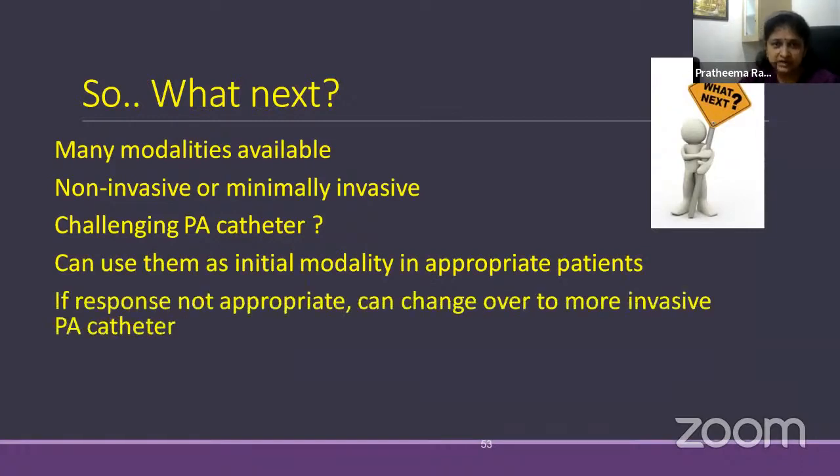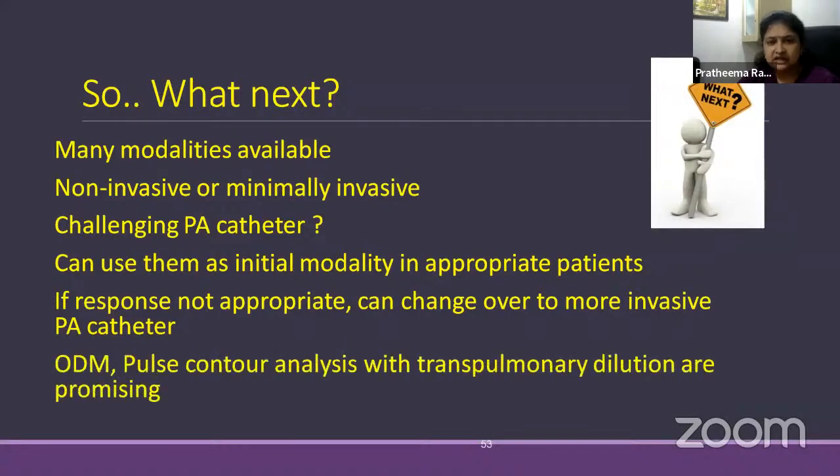Yes, we have to be very selective about which hemodynamic monitor to use for which patient. And if there is not much of a response, then we can change over to the more invasive PA catheter. And as I already said, the esophageal Doppler monitor is gaining popularity in Western countries. It is being used in almost all the patients undergoing high-risk surgeries.